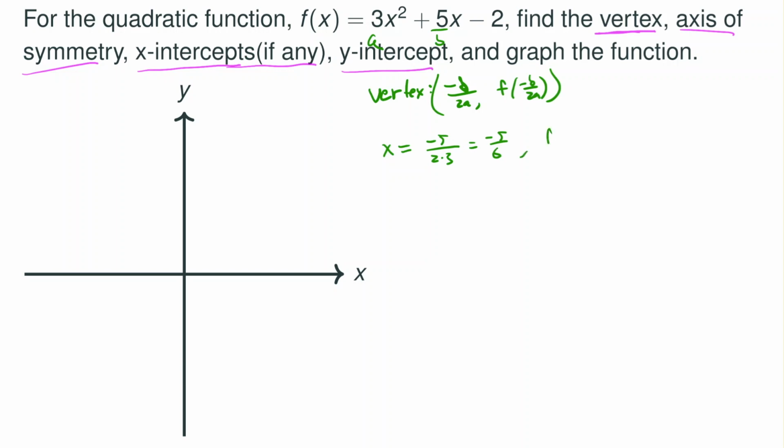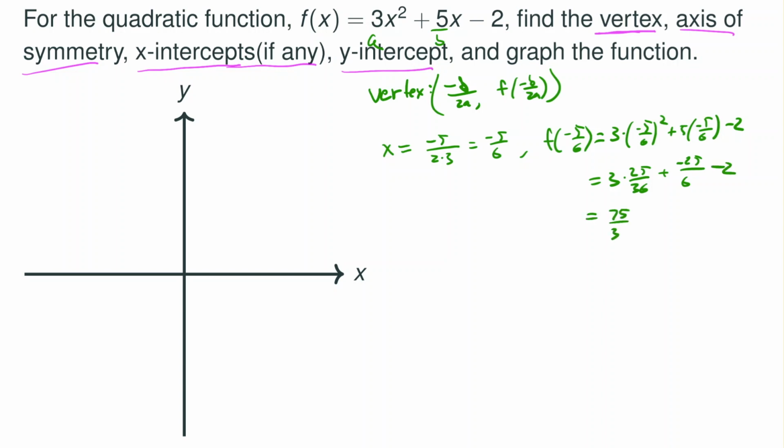So for the y value, I need to plug this in right here. 3 times negative 5 over 6 squared plus 5 times negative 5 over 6 minus 2. So I get 3 times 25 over 36 plus negative 25 over 6 minus 2. I get 75 over 36. So let's try to make each of these have a denominator of 36, so we can have a common denominator to combine these into one fraction.